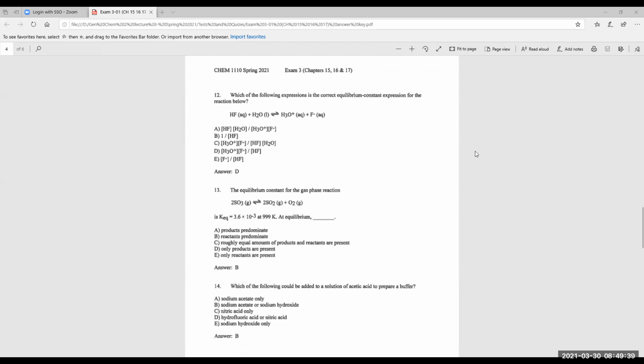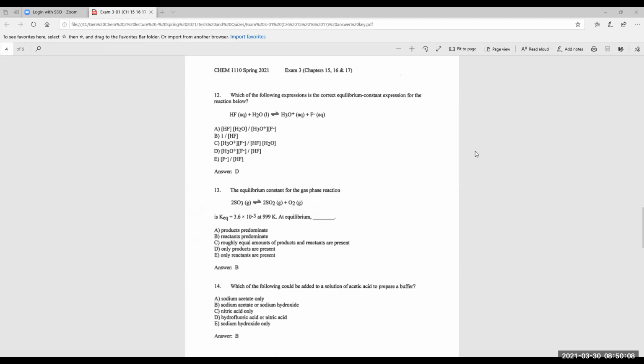Number 12, which of the following expressions is the correct equilibrium constant expression for the following reaction? And the reaction was aqueous HF plus water. And water has that little L in parentheses, so that tells us it's a pure liquid. And remember, pure liquids don't show up in our equilibrium expressions. And then that goes to H3O plus F minus.